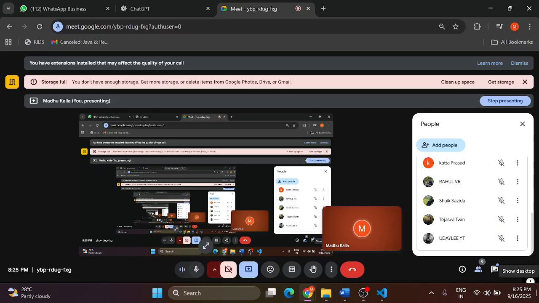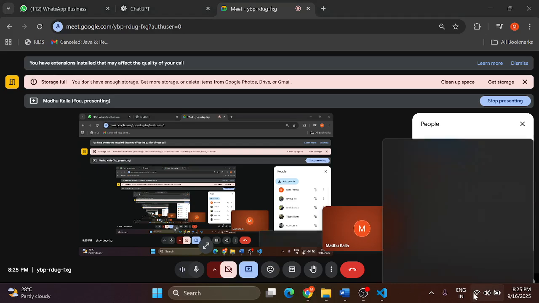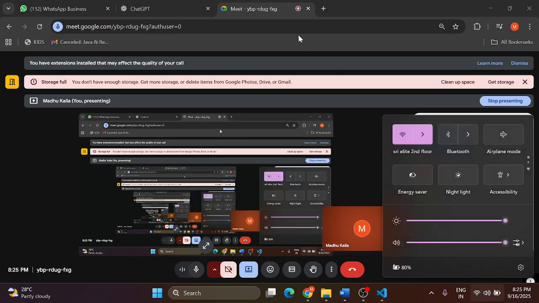Okay, let me give you one more example. Let's say you have installed some software that makes your computer interact with the router. Your computer is interacting with the router and you are able to access the Wi-Fi network connection.